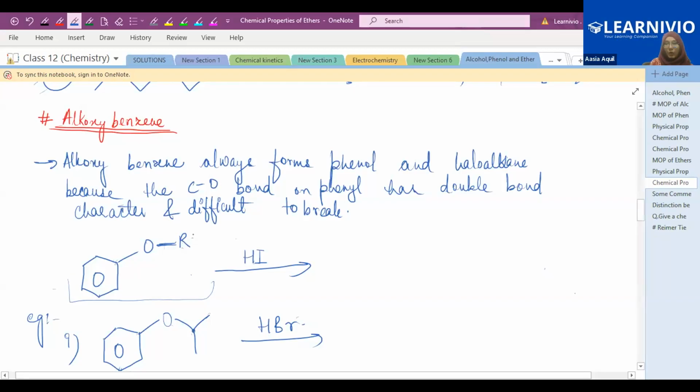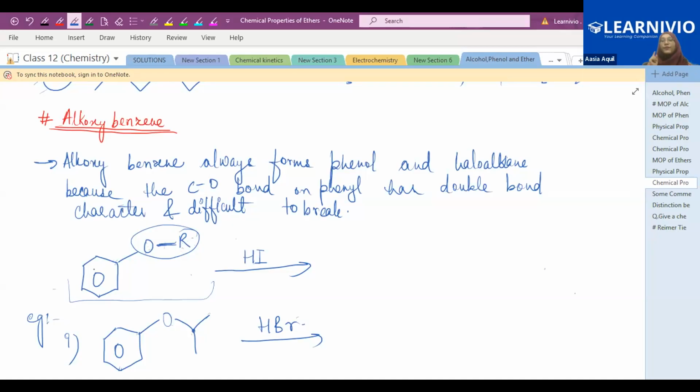So this whole OR group, what do we call it? Alkoxy: alkyl group plus oxygen. This is alkoxy, and this is your benzene. Alkoxybenzene, so that's the name of the ether. Both the groups attached to the oxygen are different: one is an alkyl group and the other is the aryl group, the benzene ring. So this is your alkoxybenzene.